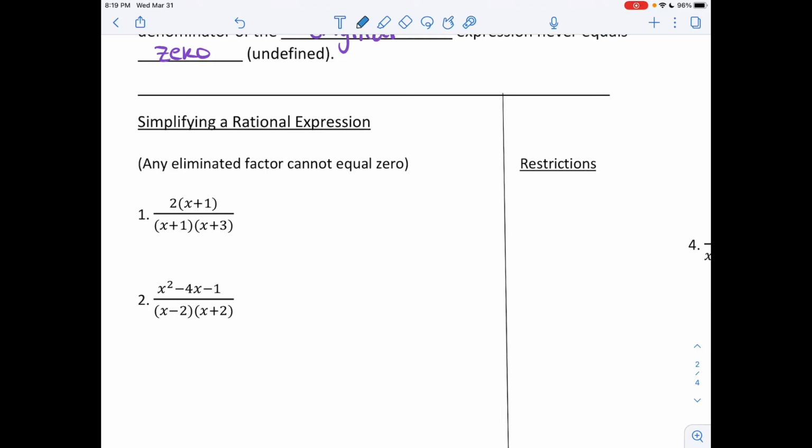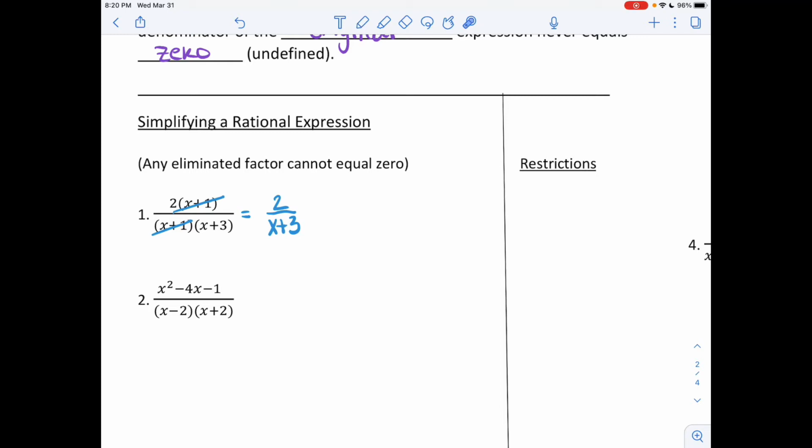So I just want to look for things that the numerator and denominator have in common, and I see that I have an x plus 1 in the top and the bottom. So I'm going to cross out x plus 1 in the top and the bottom, and that's going to leave me with a simplified form of 2 over x plus 3.